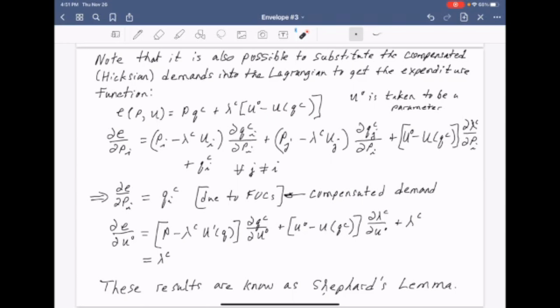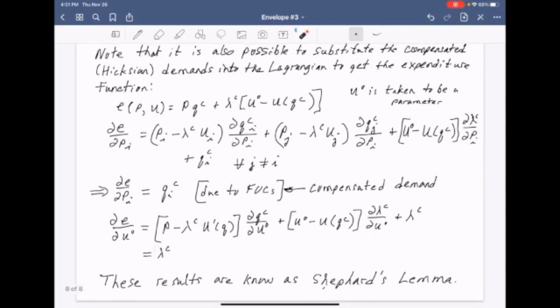In one case, we have lambda c times the derivative of u0 with respect to u0, which is 1, which gives us this lambda c. And then we have also the derivative of lambda c times u0. So in effect, this term and this term go to 0 because of the first order condition, and we end up with lambda c. These results are known as Shephard's lemma.